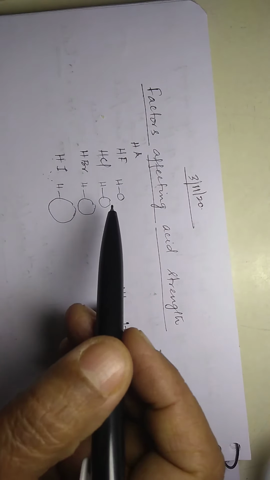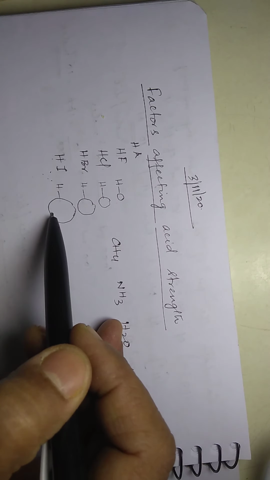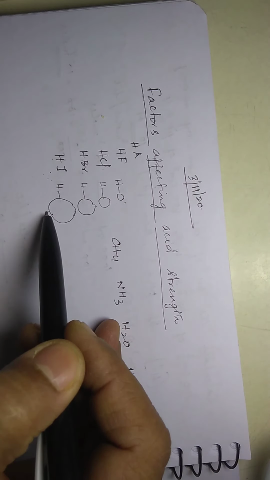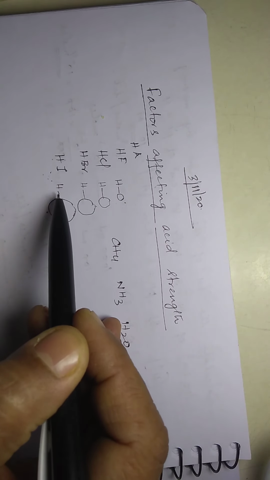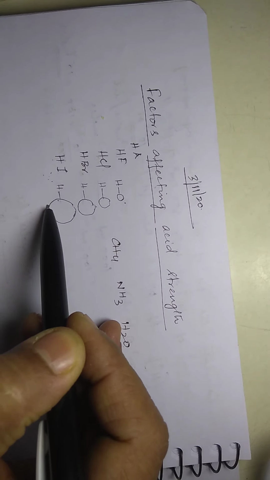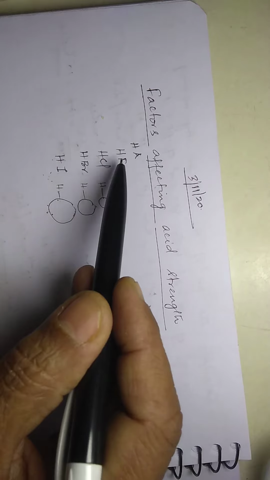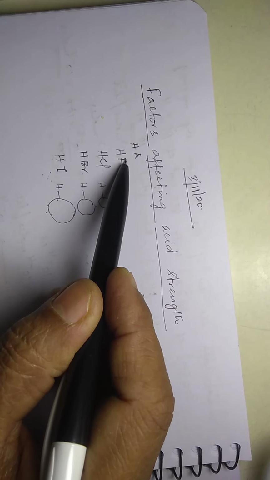Okay. So this is depending upon the size. As the size of the atom increases, bond strength decreases. So this can easily release proton. So HI is the strongest acid and HF is the least acidic.